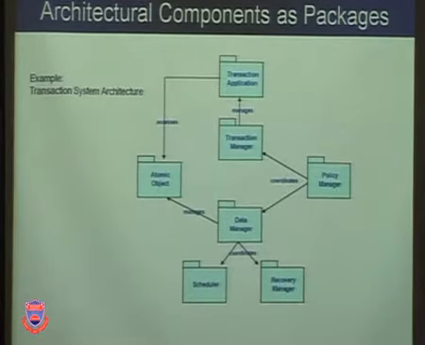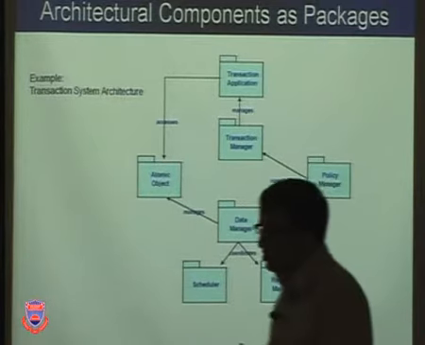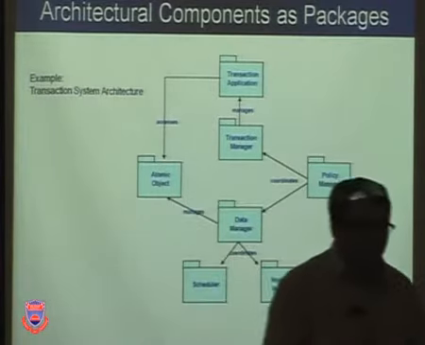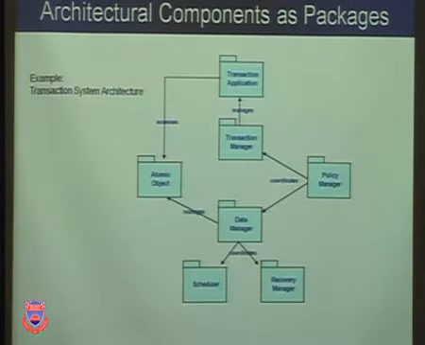Example: architecture components as packages. This is a transaction system architecture, which we developed before in a project with Siemens Nixdorf. Typically, in this case, the architecture components are represented as packages. We say architecture components here.